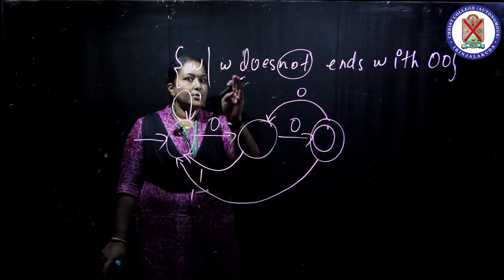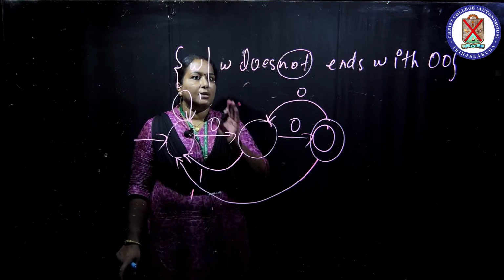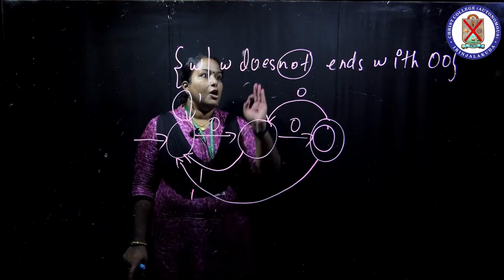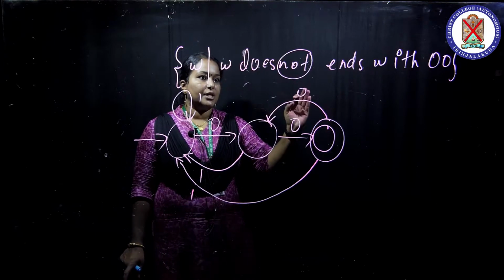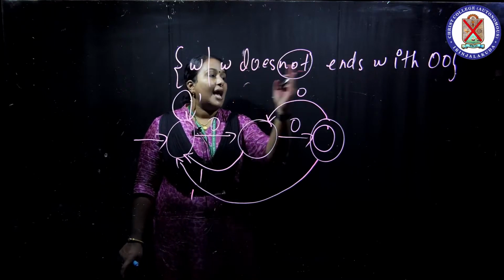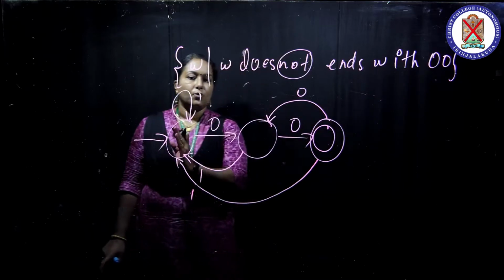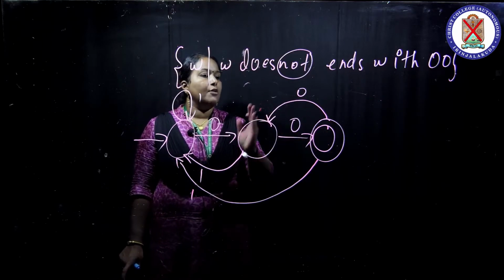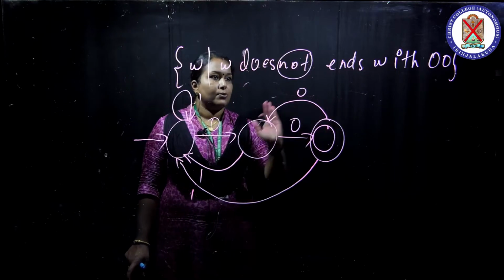So when a question comes with a does-not condition, first try to draw the DFA which accepts the string 00. We have already drawn the DFA which accepts the string 00.